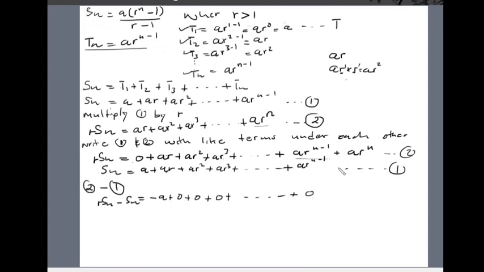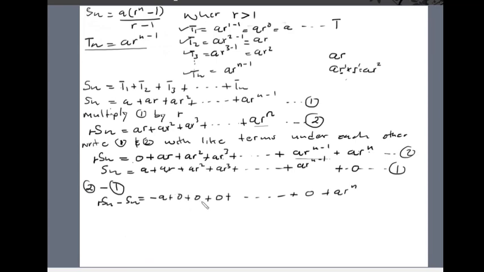And then here I will have ar n minus 0, right? I can just put 0 here. I will have ar n minus 0, which is just ar to the power n, right?